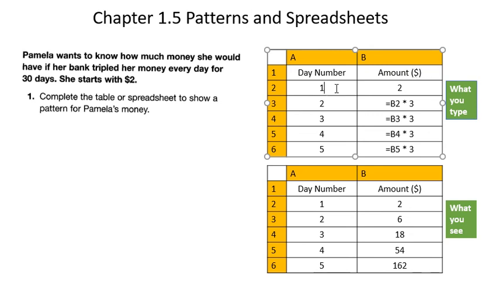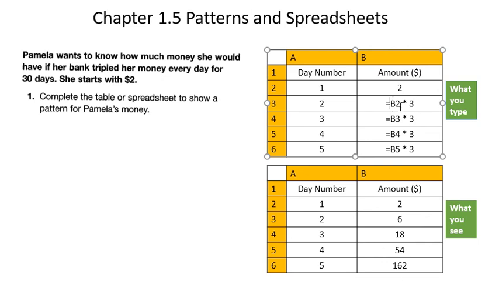So I'm filling this in by simply numbering all of my term numbers. So day number 1, day number 2, day number 3, and you'll notice that this entire column transfers right down. It transfers right down because the spreadsheet recognizes it as text. In column B, amount and dollars also transfer right down. But I'm going to explain what all of these symbols mean in the ones that look different in this chart compared to this chart.